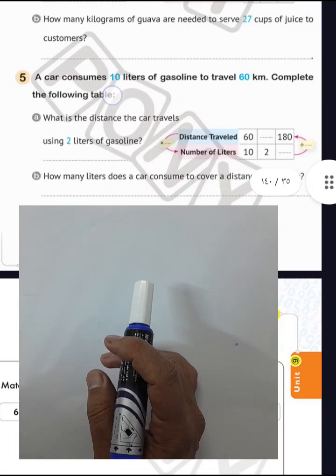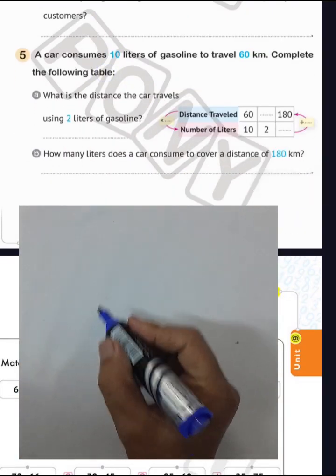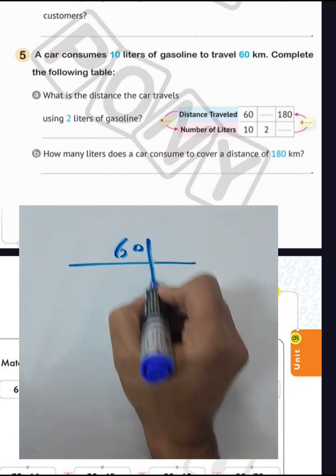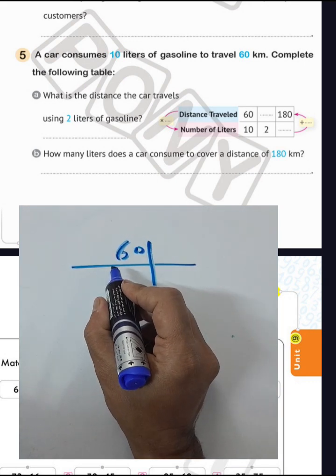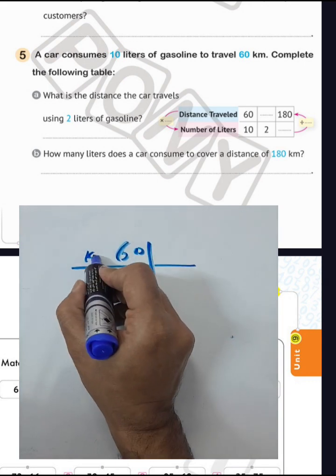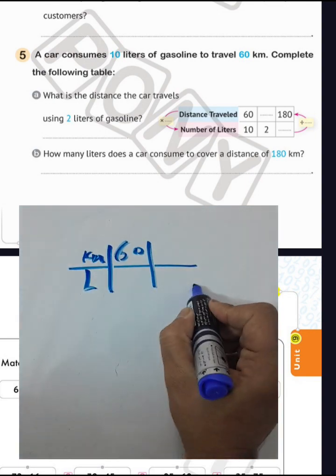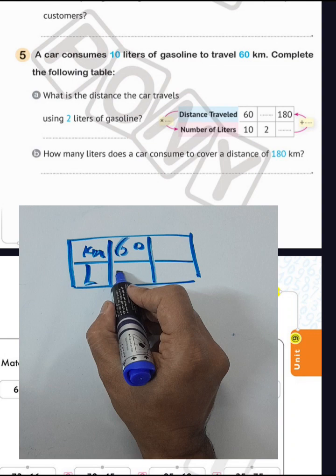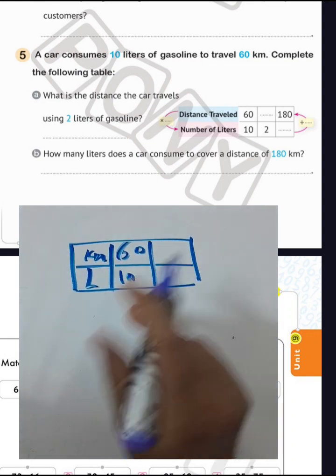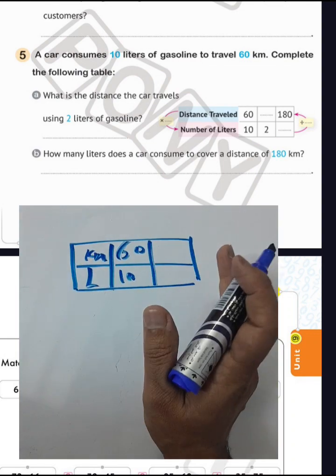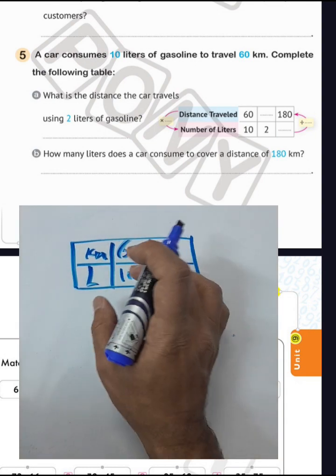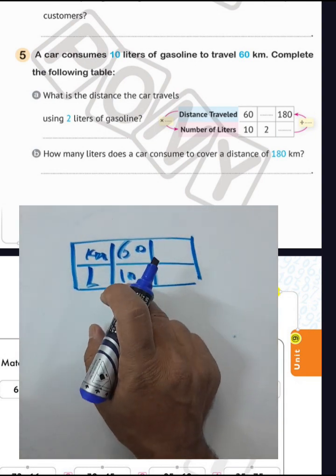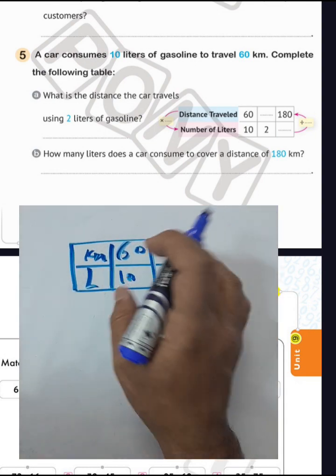Here we have the distance, 60 kilometers, comparing between the distance and the liters used. If we use 10 liters, the car will travel 60 kilometers.